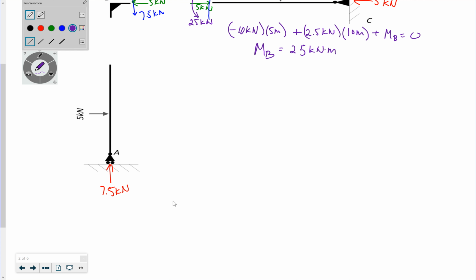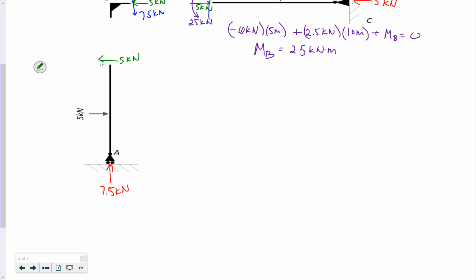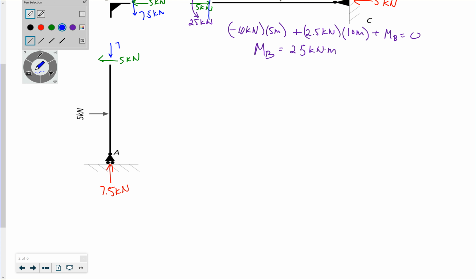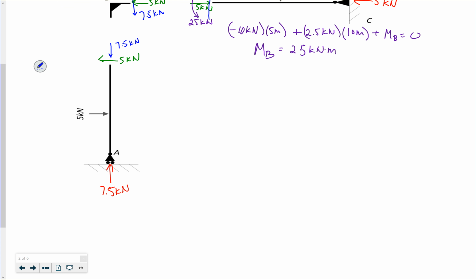So let's see. If I take the sum of the forces in the x direction, I have 5 kilonewtons acting to the right, so I need 5 kilonewtons acting to the left right before the joint B. If I take the sum of the forces in the y direction, I have 7.5 kilonewtons acting up, so I need 7.5 kilonewtons acting down.